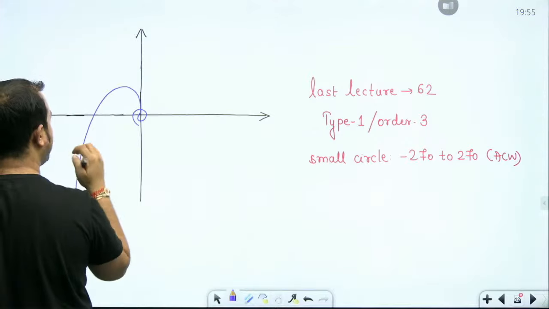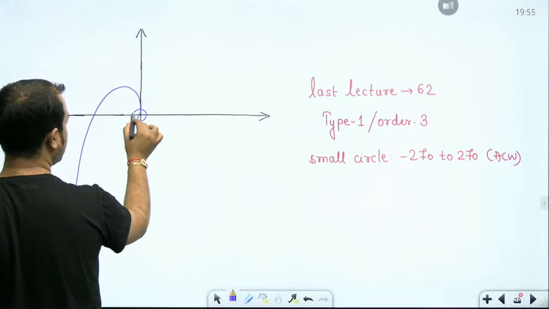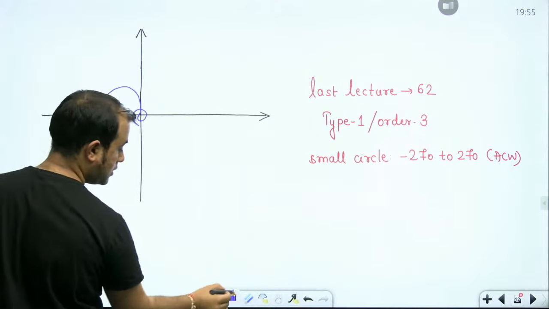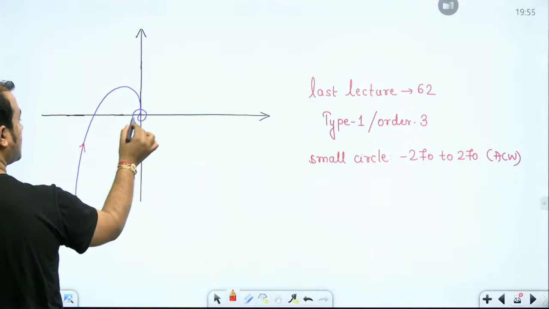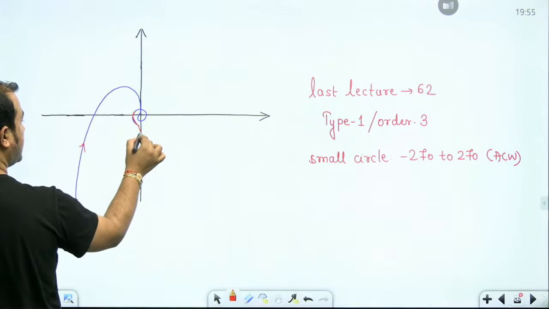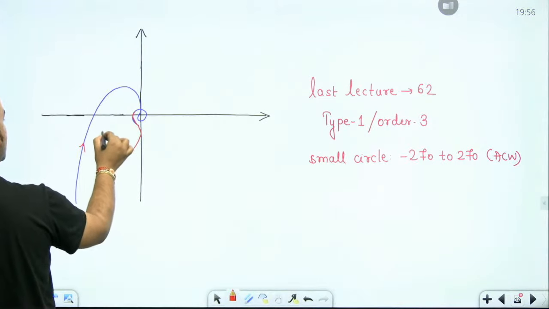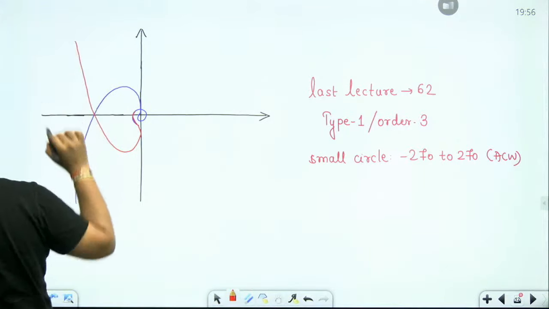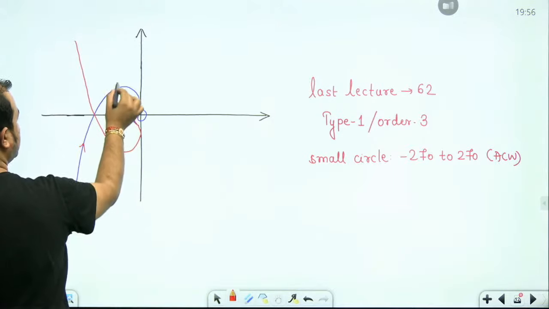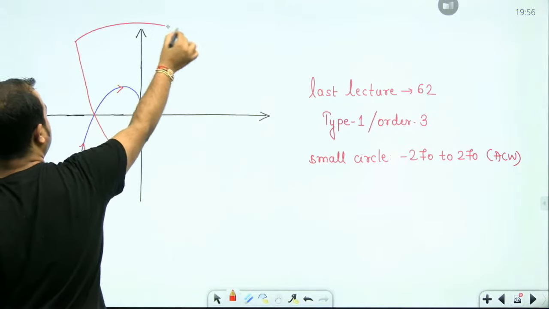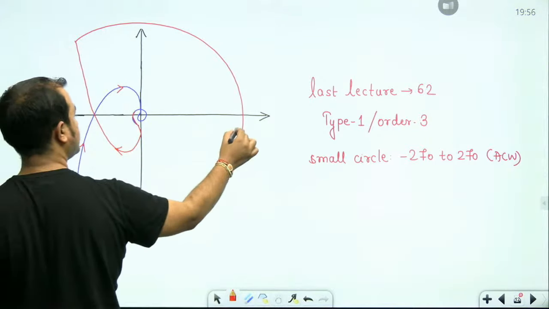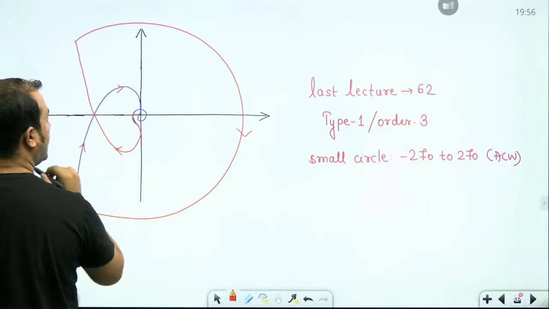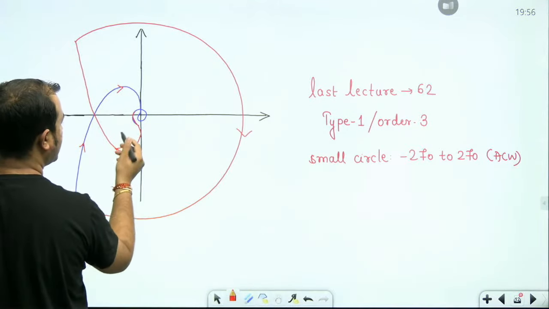One circle, one semicircle. And then, my dear, this can be like this. Okay, this can go like this. And then we can have like this. Okay, are you getting my point?